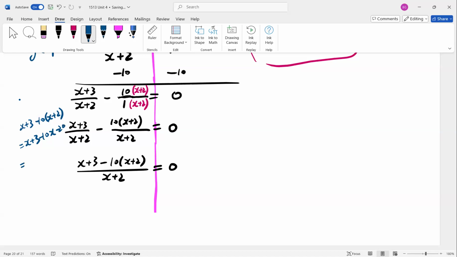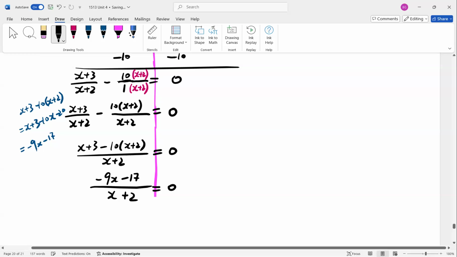Combine like terms: x minus 10x is negative 9x, 3 minus 20 is negative 17. So the numerator now is negative 9x minus 17 over x plus 2 equals 0.